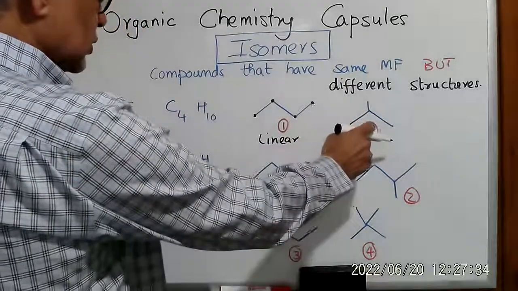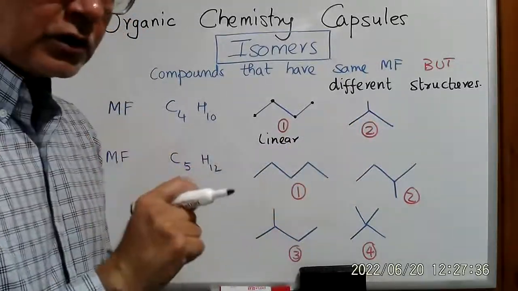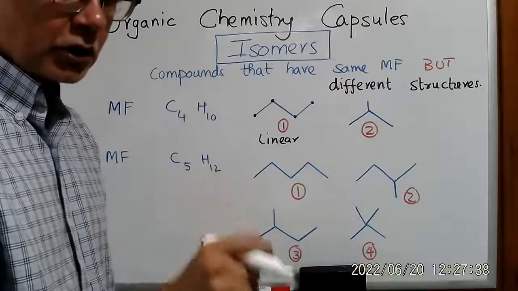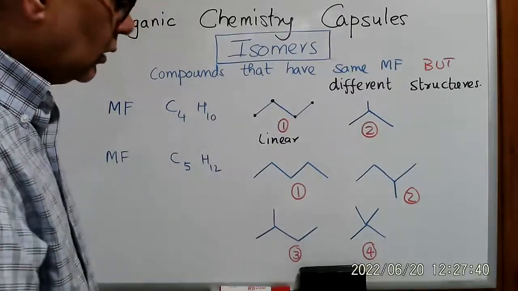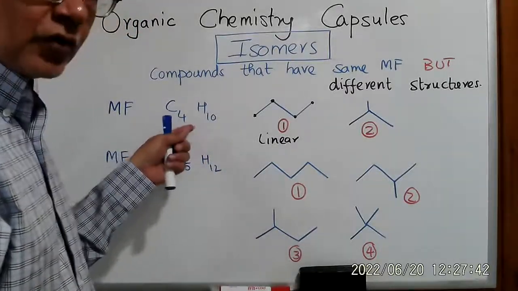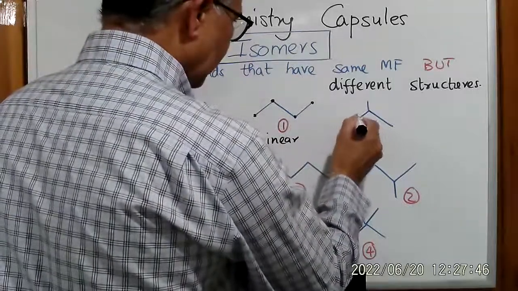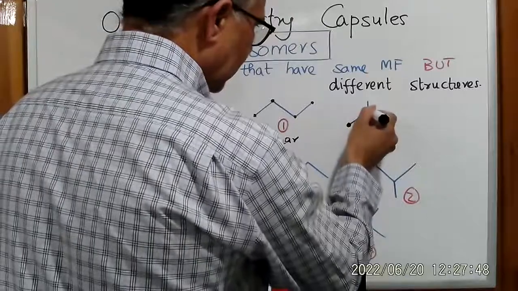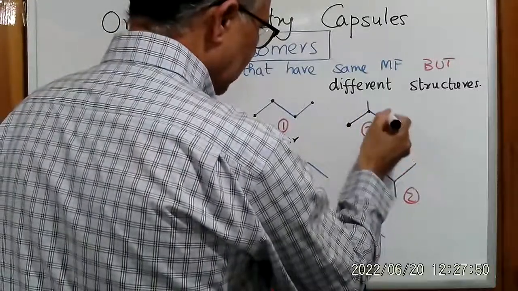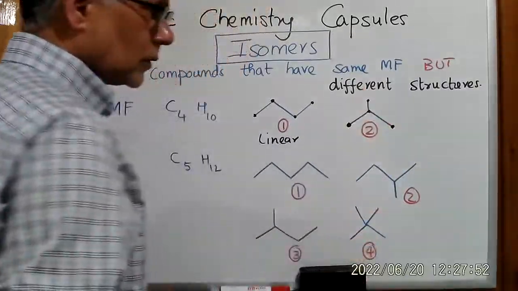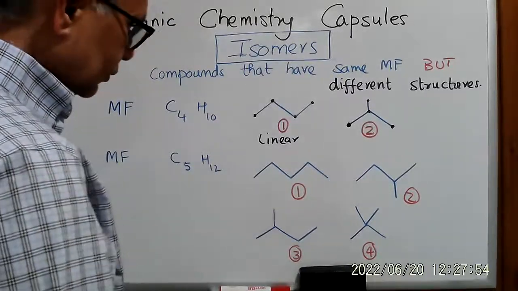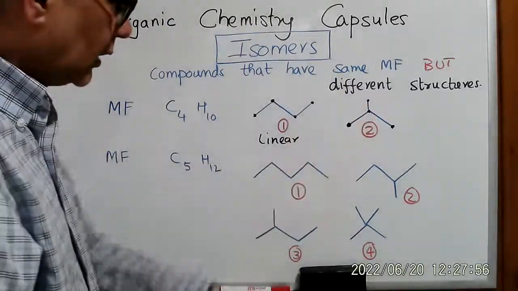Let's come to structure 2. A different structure means a different compound, but it has the same molecular formula, C4H10. Carbon, one carbon, second carbon, third carbon, fourth carbon. So 4 carbons, 10 hydrogens.